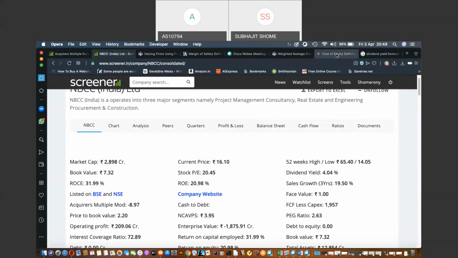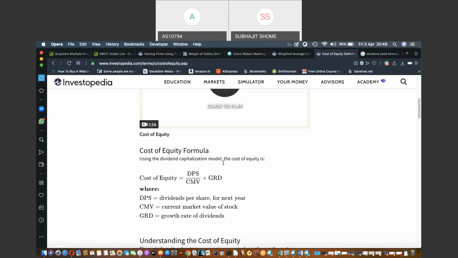Our cost of equity is equal to dividend per share divided by current market value of stock, plus our dividend growth rate, which is 0.10. How much is it? 0.032 divided by 16.10 plus 0.10.